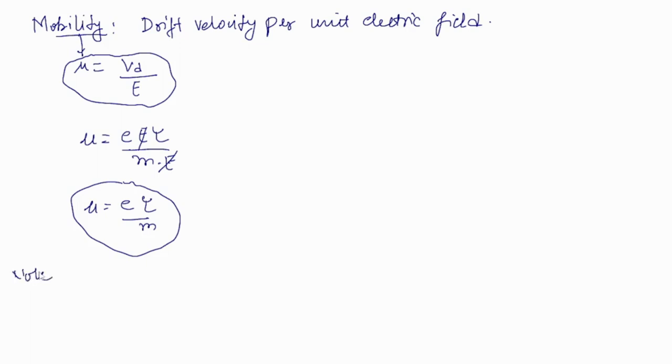Write one more note that mu for hole is less than mu for electron. You will understand this in the last unit of class 12, that is semiconductors. So yes, this was about mobility.